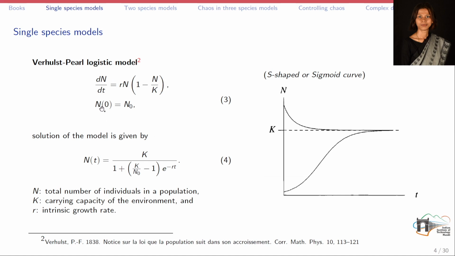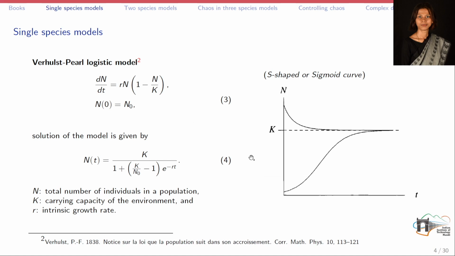The mathematical form of this model can be seen from equation number 3. So what do we see here? The population growth rate dn/dt is a quadratic function of the population size, population density n. It is simply also known as the logistic model in literature.